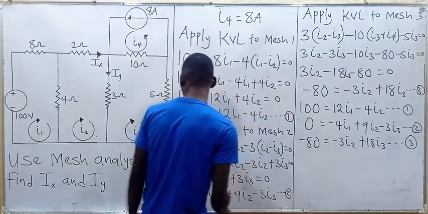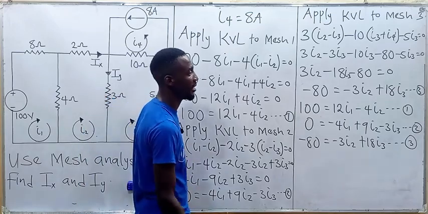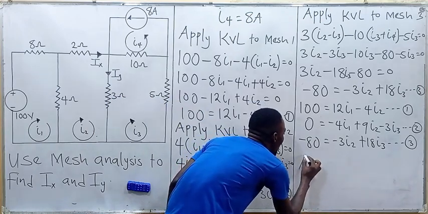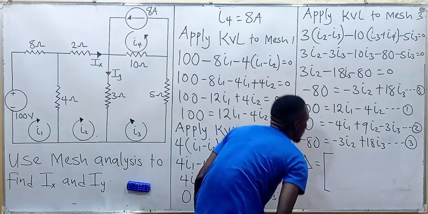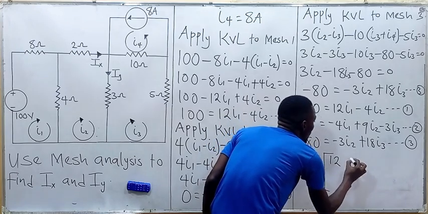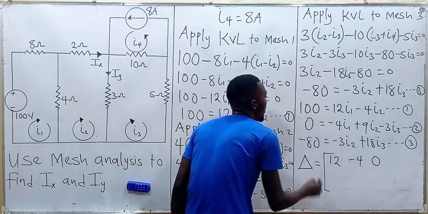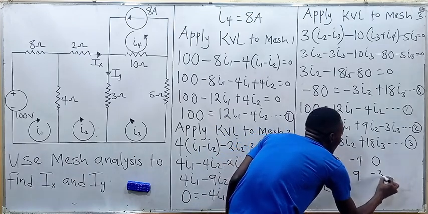So the first thing we are going to do is find our delta, that is our change. Our change is always the coefficient of I1, I2, I3. So the coefficient of I1 here is 12, I2 is -4, I3 is not here, so it's going to be taken as 0. So here we are going to have -4, then 9, and -3.